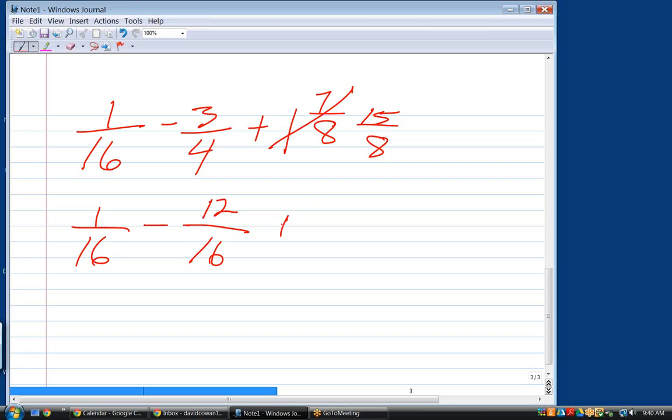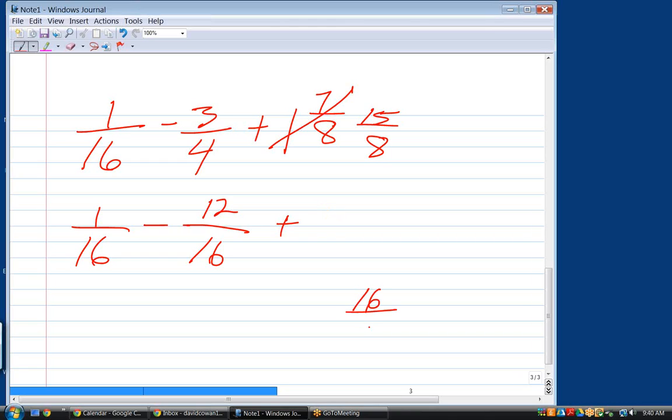And then what's this one? Wait, so you divide 8 into 16, and then multiply 2 times 15. 17. No, 2 times 15? 30. Right. In other words, here's what I'm doing.